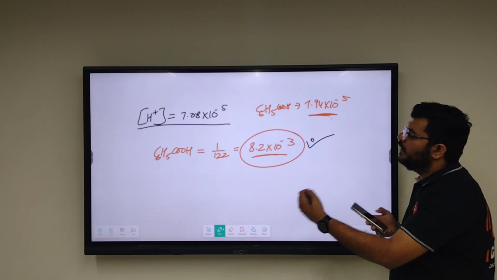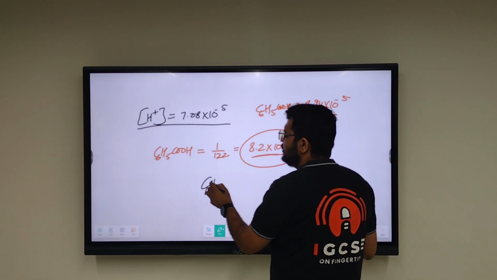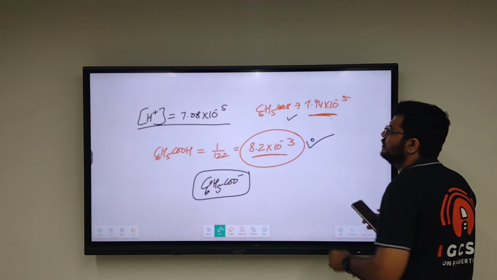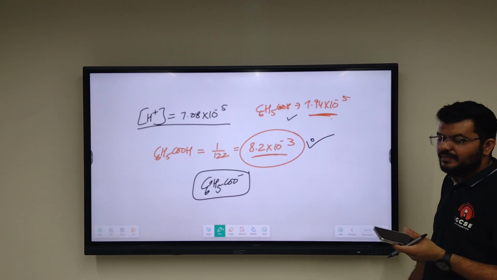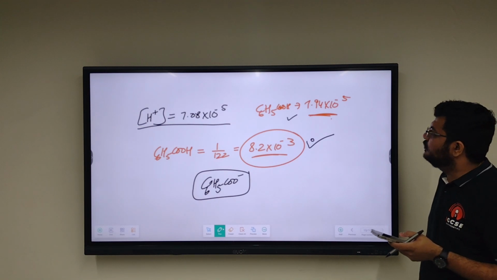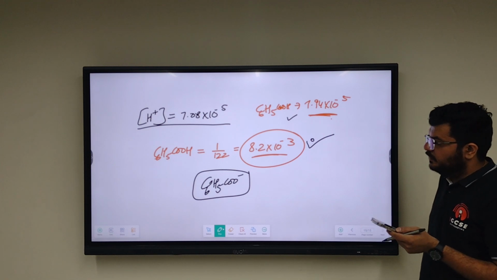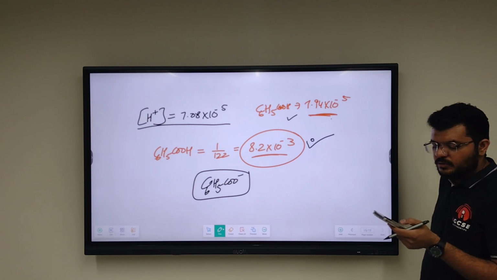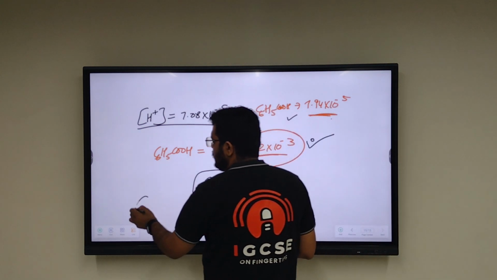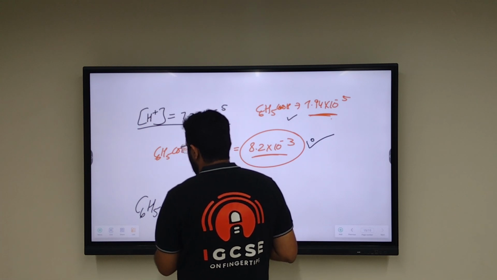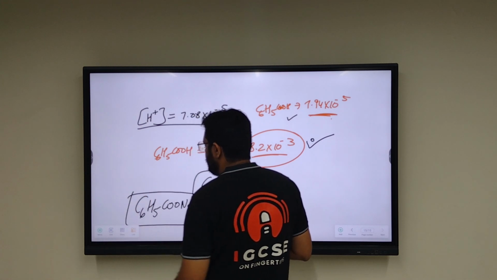But sir, to find out the C6H5COO minus, can this value be used? What do we have to find? The third value, the concentration of C6H5COO minus.